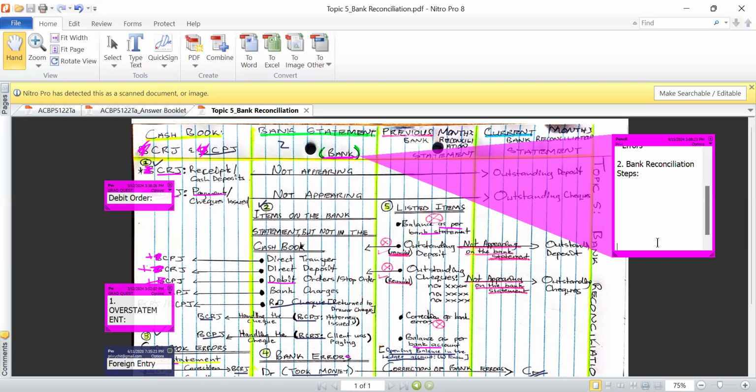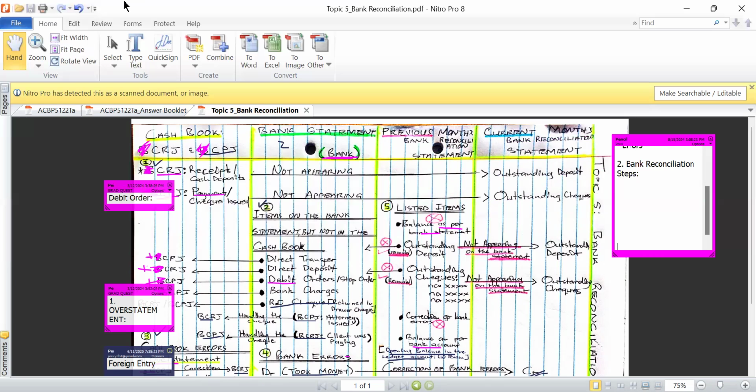So I want you to see the 5 important steps that you follow to perform a bank reconciliation statement.